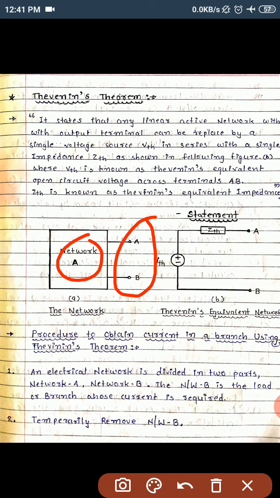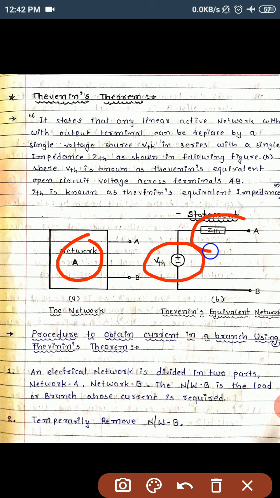So Thevenin says that any linear active network with output terminal can be replaced by a single voltage source. The entire network A can be replaced by a single voltage source, or we can say Thevenin voltage source, with a single impedance ZTH.